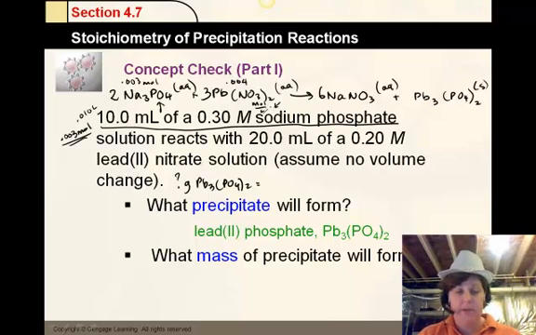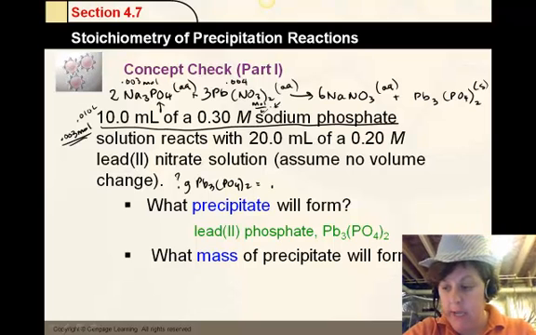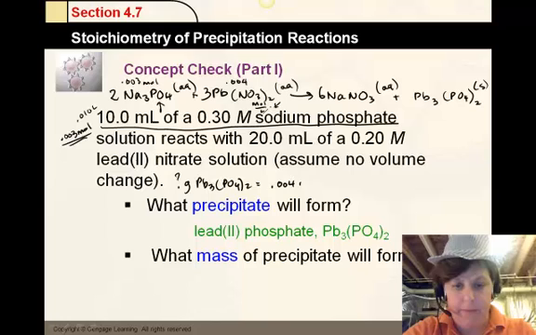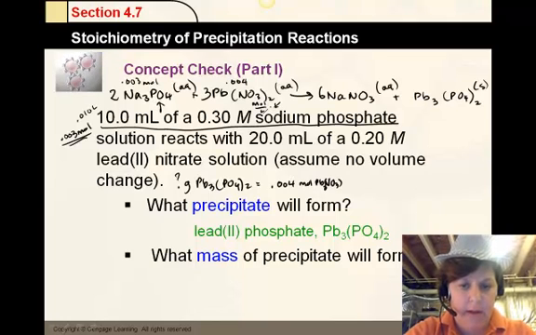I might be able to figure out which is limiting, but for me, I probably would just move on. And I'm going to figure out which is limiting. When I do, I will tell you that lead nitrate is limiting, so that the reaction would look like this. Moles of lead nitrate, Pb(NO3)2.